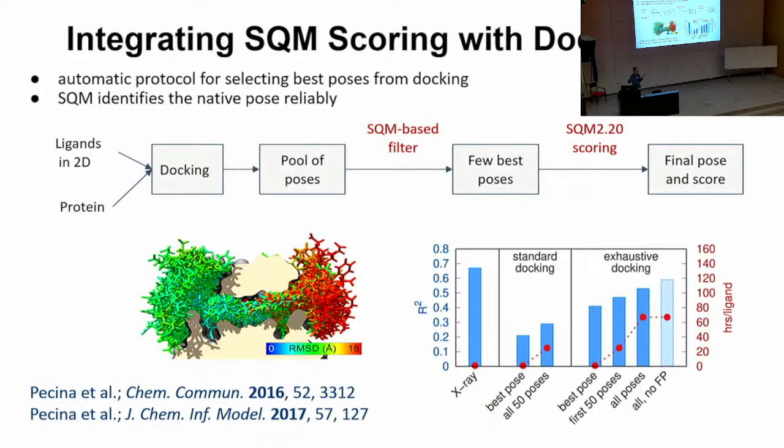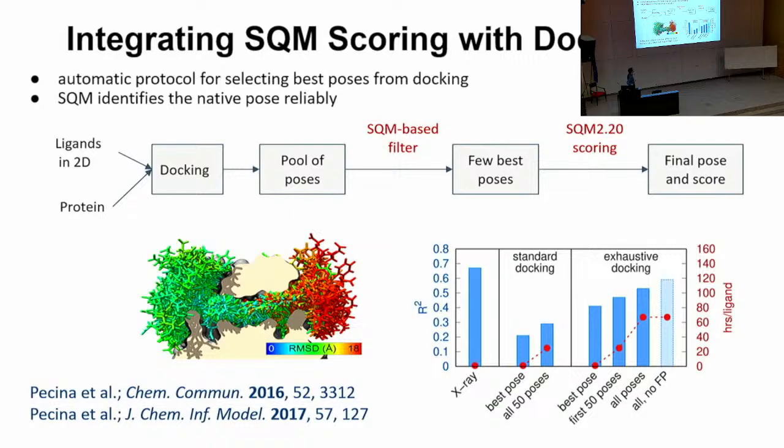Once you know the structure already, then it's half the work done. Now, how can we get to the structures other than having the crystal structure? The traditional approach is docking. The modern one is AlphaFold, as I said. So we started with the traditional one.